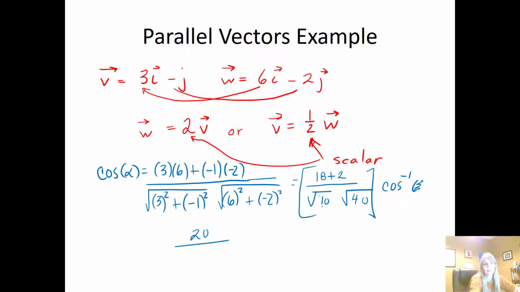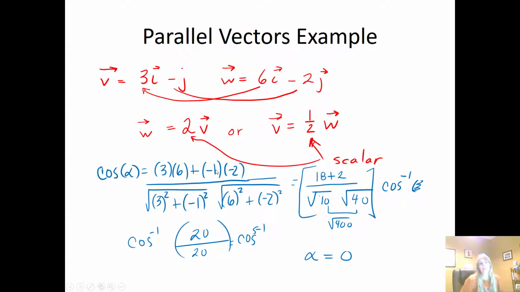Do you know why? You can multiply those, so that's the square root of 400, and so 20 over 20, and I take the inverse cosine of both sides and I get 0. So my angle is 0.